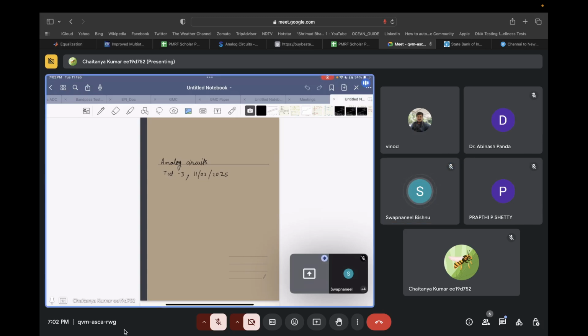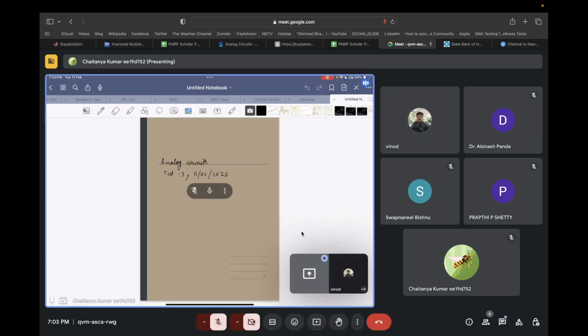So, Vinod, can you share your screen and show the problem? How to share, sir? Is the laptop accessible to you? In the laptop, it's a mobile phone. Okay.